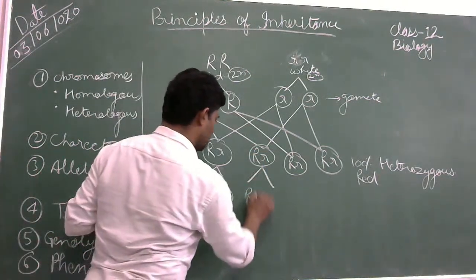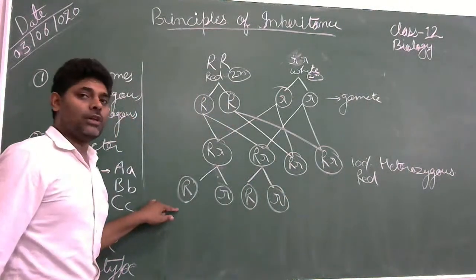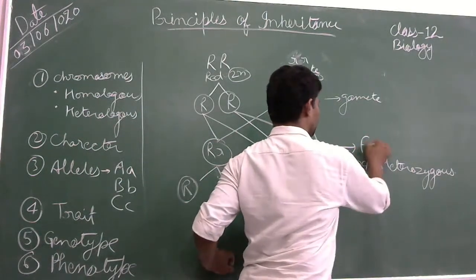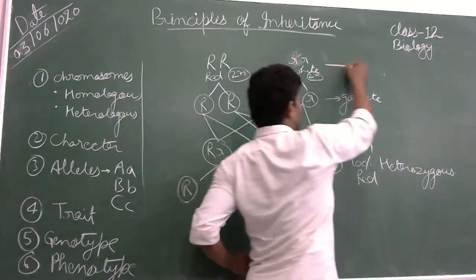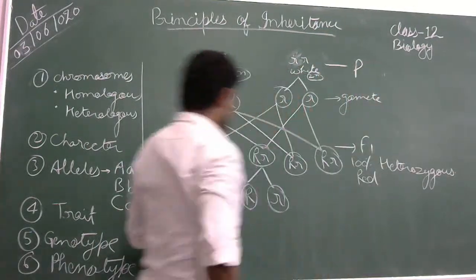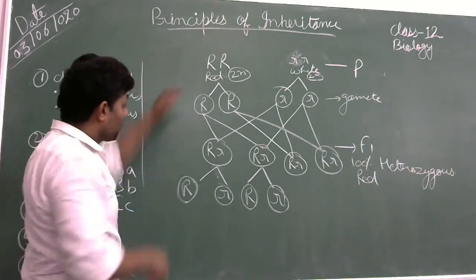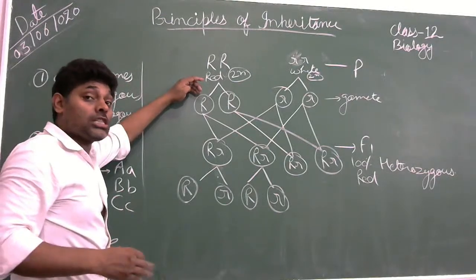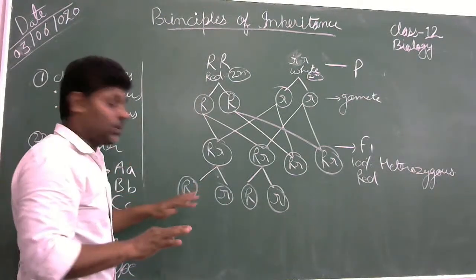Similarly, this has capital R, small r. The rest of the process is the same. This is the parental generation. Now, as I told, any gamete can cross with another gamete. There is no restriction at all.